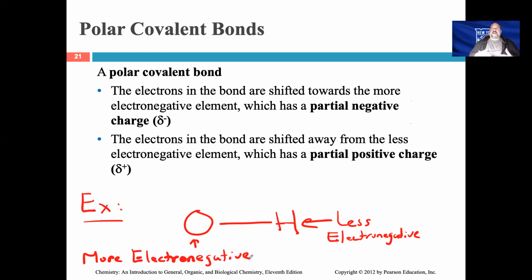Now, what type of charge develops on that atom? Well, you think about the charges of electrons. Electrons have a negative charge. So if you're shifting electrons towards the more electronegative element, is it feeling more of a positive environment, or more of a negative environment? Well, that element is feeling a more negative environment.